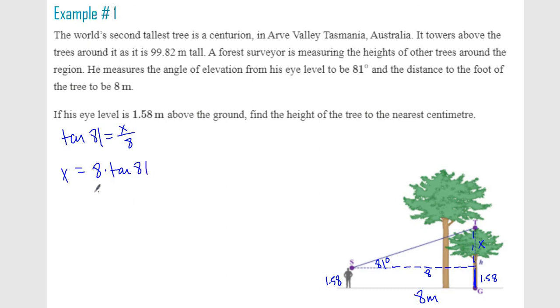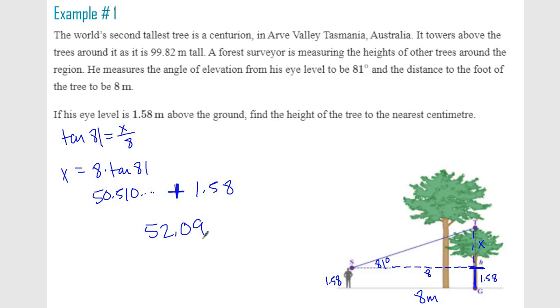We get out our calculator, we get 50.510, and let's see, that figure plus the 1.58, because if we don't, we're only getting part of the tree. So we have to make sure we add both parts, and we get 52.09.